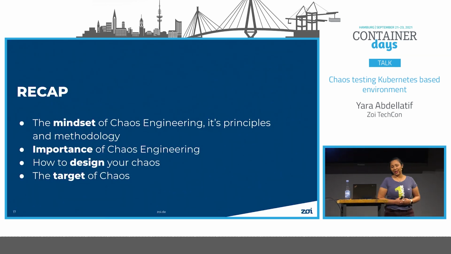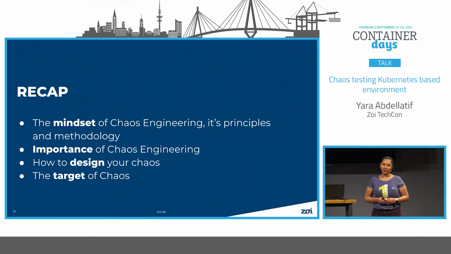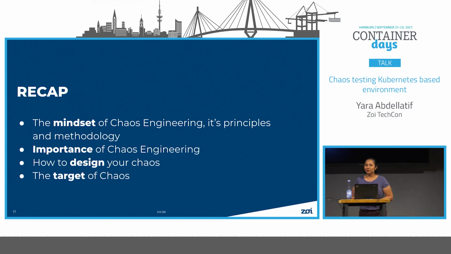So, a short recap about what we learned today, or what we understood today, hopefully. Chaos engineering, the mindset or the culture itself, its principles, how you can design your chaos, what's the importance there, and the most important part is actually the target of chaos engineering. So what do you want to achieve with that?